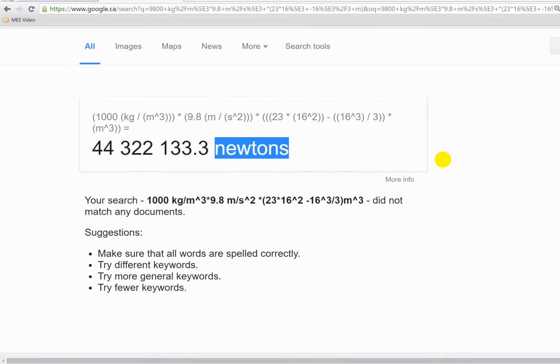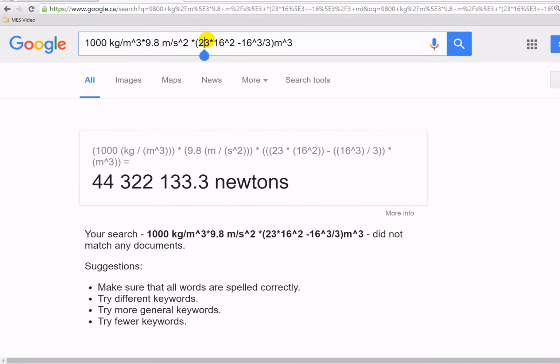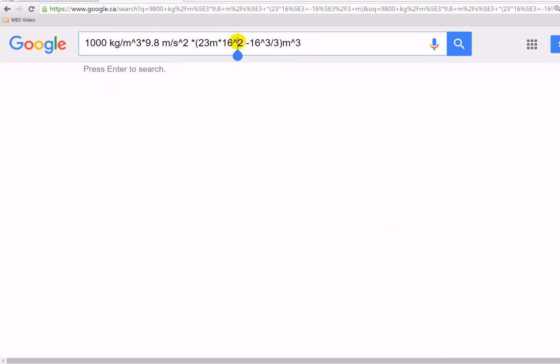So 4.432213, or 4.43 times 10 to the power of, this is 3 plus 3 plus 1, 7. Let's test if this works: if we just put an m like that, 16 m, let's see if this solves it in newtons.